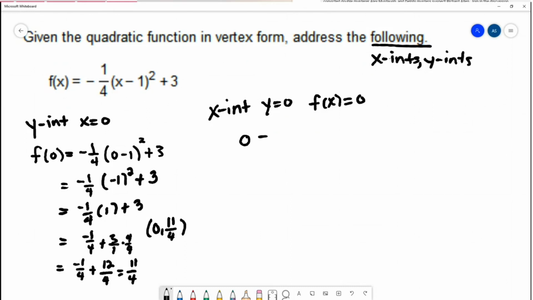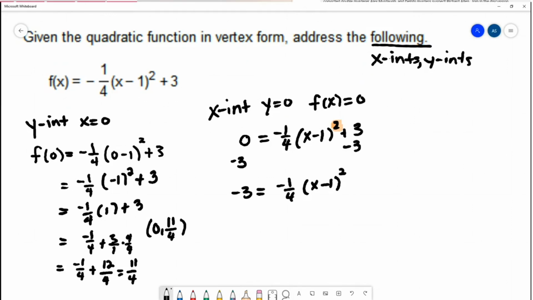So we have 0 equals negative 1/4 times (x minus 1) squared plus 3. I'm going to solve this equation by isolating the square. So I'll subtract 3 on both sides. That gives negative 3 equals negative 1/4 times (x minus 1) squared.